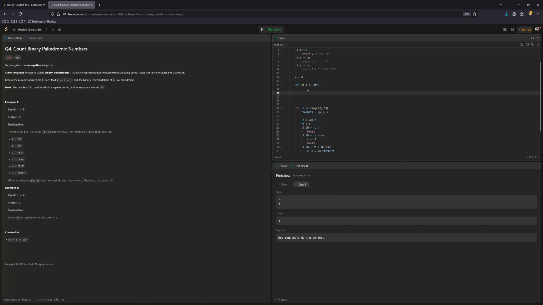Can we figure it out from the free bits? No, we can't. We need the offset, we need to move it over, and then we need to take the digits out, add them to the end, and that's going to be our palindromic value.